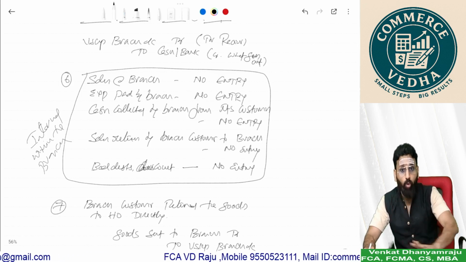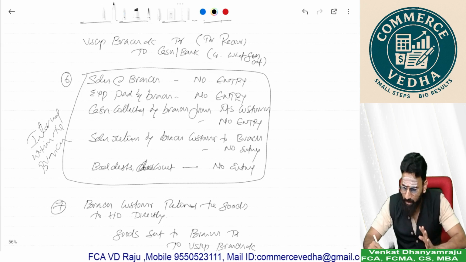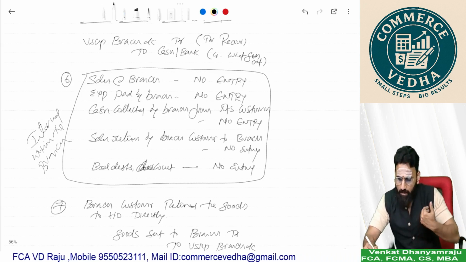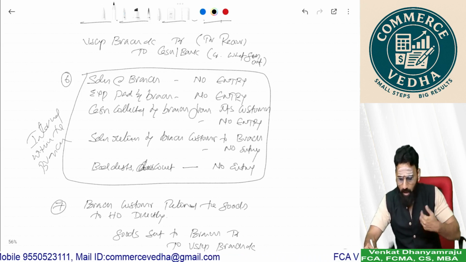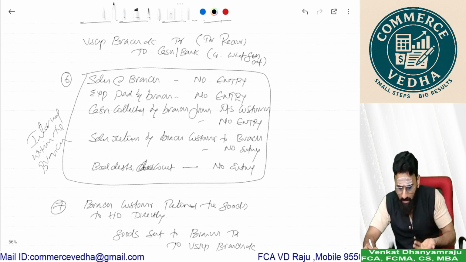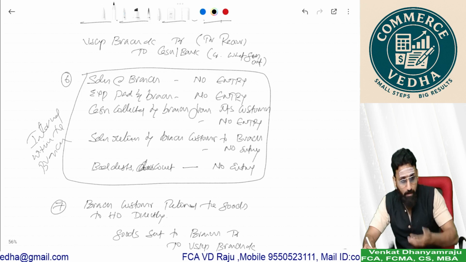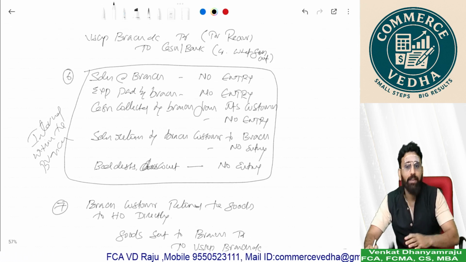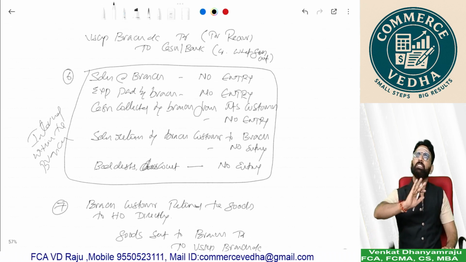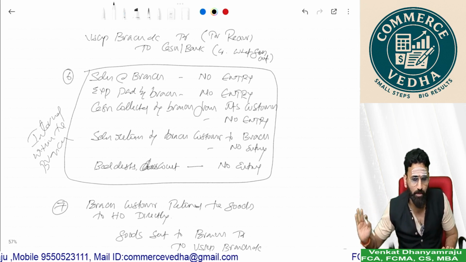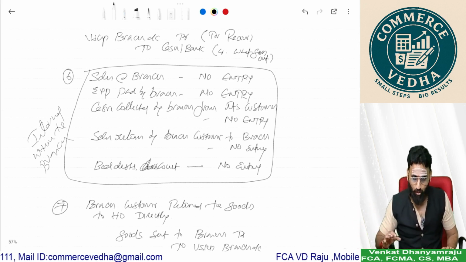There is zero involvement of head office in sales, whether cash sales or credit sales, expenses paid by branch, cash collected by branch, sales returns by branch customers, bad debts and discounts. These are all internal transactions. Nothing is to be recorded in the books of HO in the branch account.